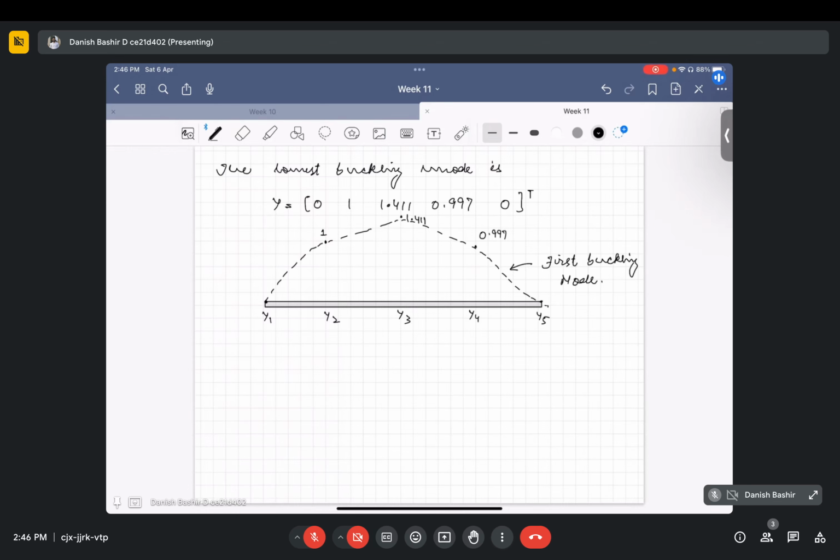I think these higher order elements and Lagrange interpolation functions and all these things we will study in the next class, as we don't have that much time right now. So I think this is enough for today. Thank you, everyone.